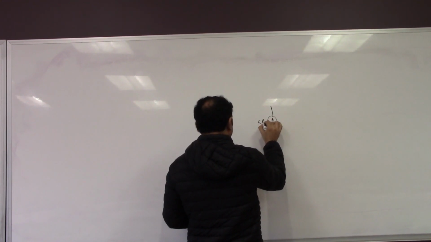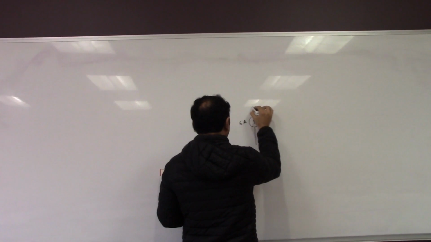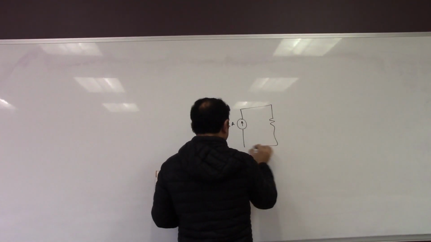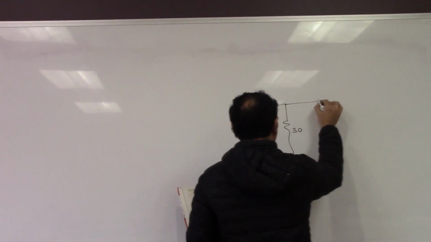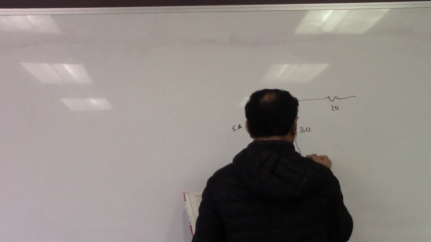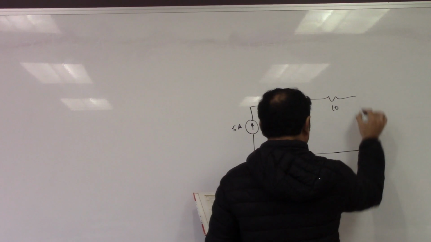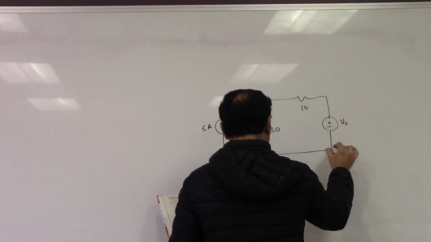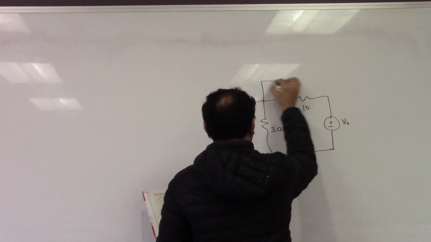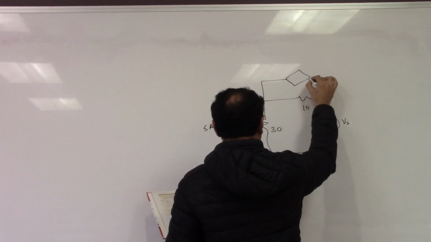So this is a 5 amp source. You had a 30 ohm resistor here, followed by another 10 ohms. And this was Vs. And you had a current source here.